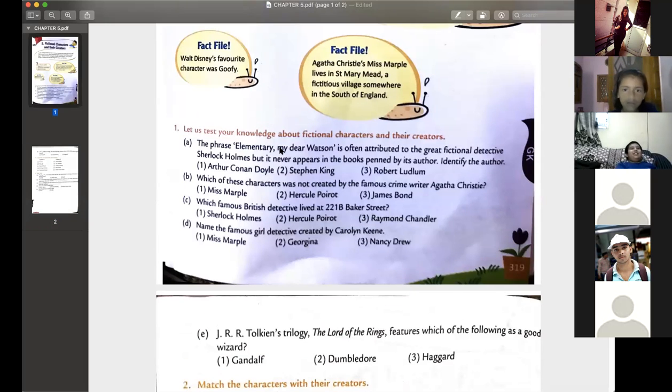Question 1, A part is Arthur Conan Doyle, B part is James Bond, C is Sherlock Holmes, D is Nancy Drew, E is Gandalf. Ma'am, what is the answer of D? Nancy Drew. Okay, ma'am.